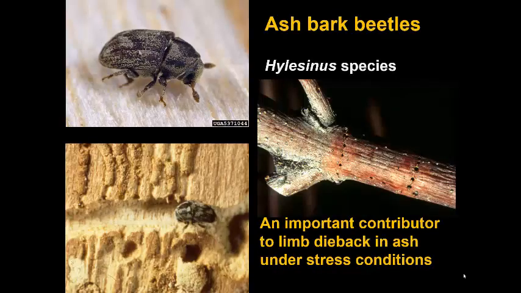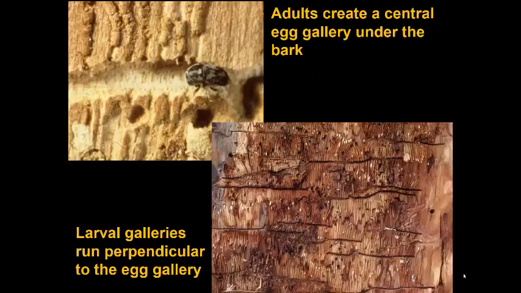So, one group I'd like to mention that's quite important in the High Plains, Rocky Mountain region are ash bark beetles, three species of which occur in ash trees. These are pretty standard in the way they approach plants. The adult gets underneath the bark and makes a gallery that scores fairly deeply into the inner bark and the wood of the tree.